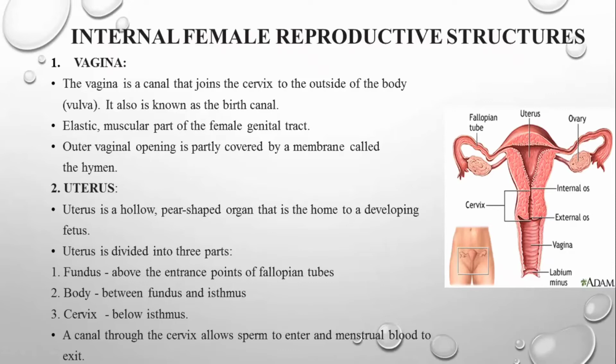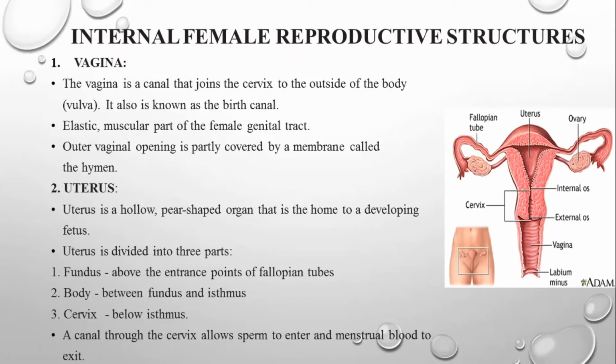Nowadays females participate in athletics and gymnastics, where they stretch their legs to the maximum, so there is a chance of tearing this layer called the hymen. In earlier days the hymen was used to determine the virginity of a female, but due to athletics and gymnastics the hymen might tear, so nowadays it is not used to determine virginity.